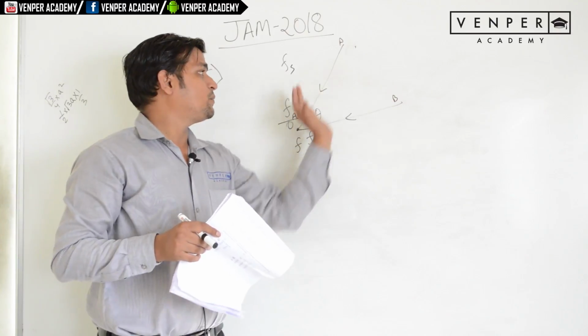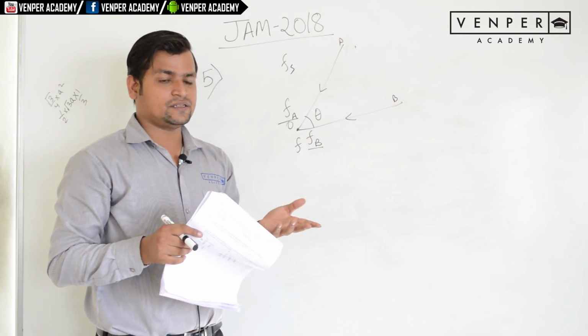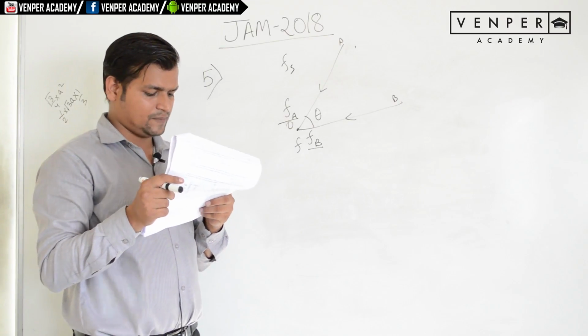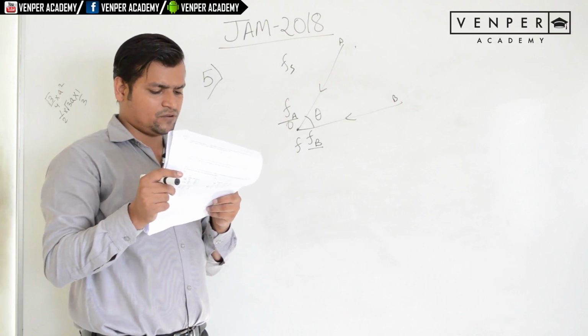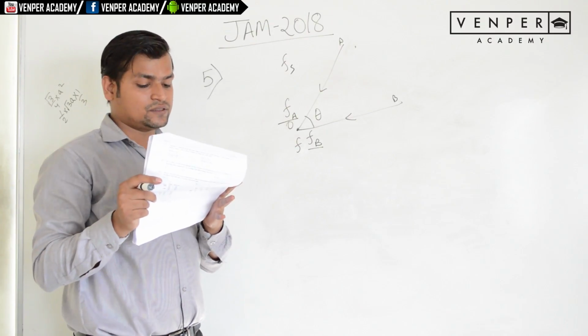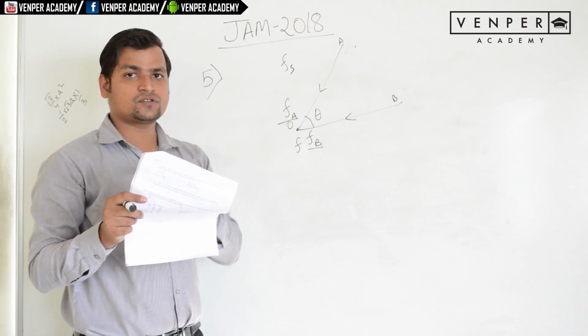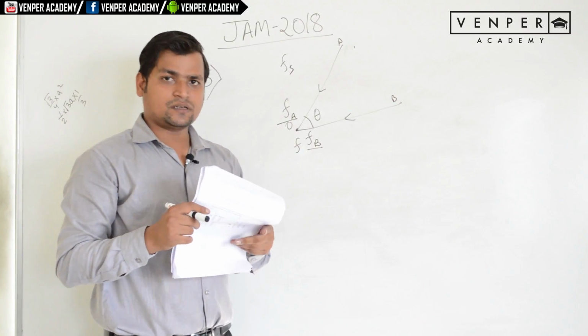Next, because both are approaching the observer, the frequency will increase. So in the first option Fa and Fb are equal, but this is less than Fs, so the first option is incorrect. In the second, Fa is equal to Fb and it is greater than Fs, so the second option is the correct option.